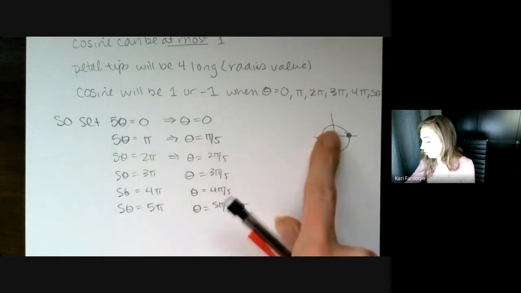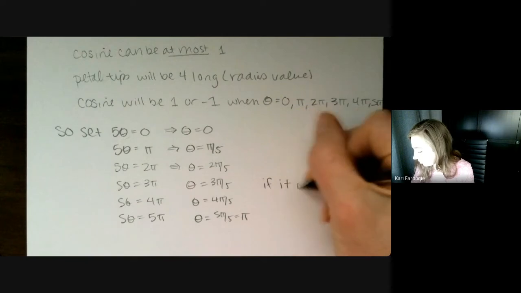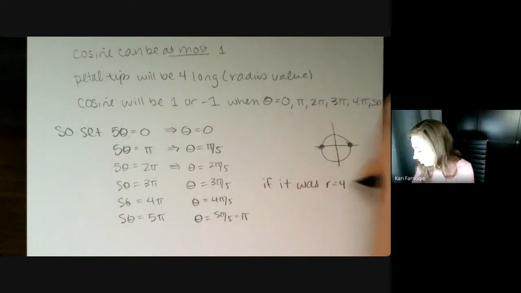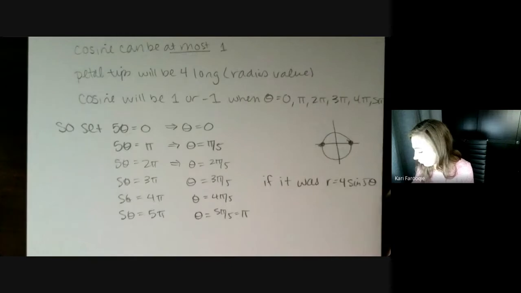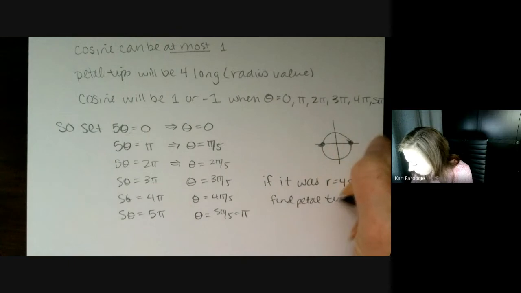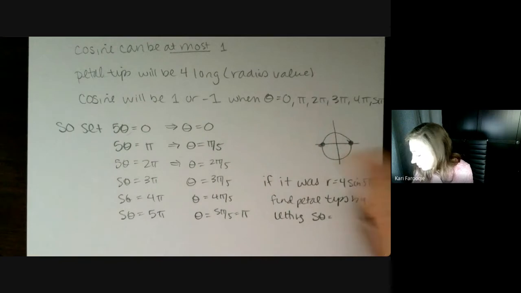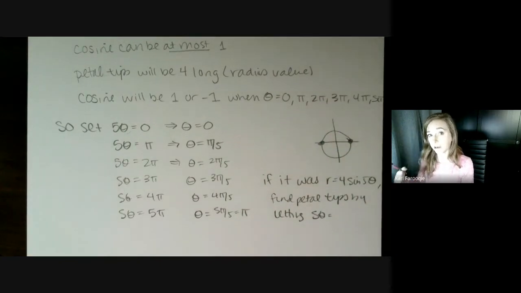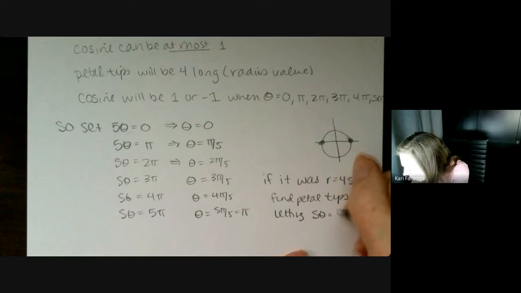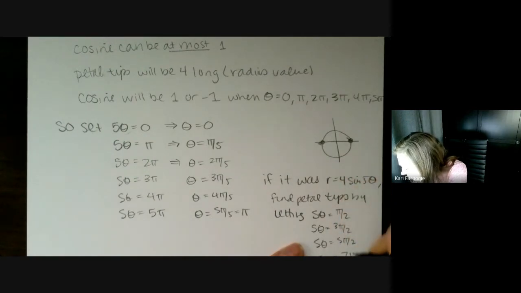In that case, I'm going to even write a note: if it was r equals 4 sine 5 theta, you would find petal tips by letting 5 theta be any value where the sine will give you 1 or negative 1. So you'd have 5 theta is pi over 2, 3 pi over 2, 5 pi over 2, and so on and so forth.